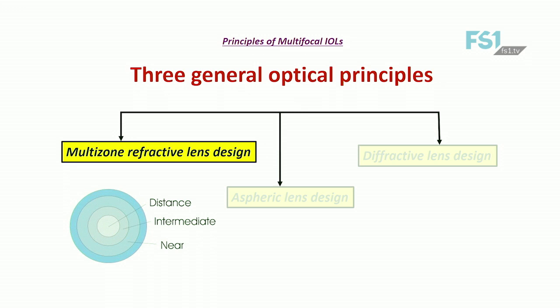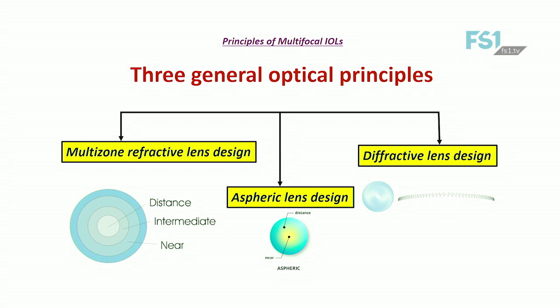That's why we say multi-zone refractive lens design. The second design is the diffractive lens design, which provides 2 optical zones. And there is also the aspheric lens design, the third design method, which uses an aspheric optic region by increasing the depth of field of the lens. Of course, we're talking about depth of vision.